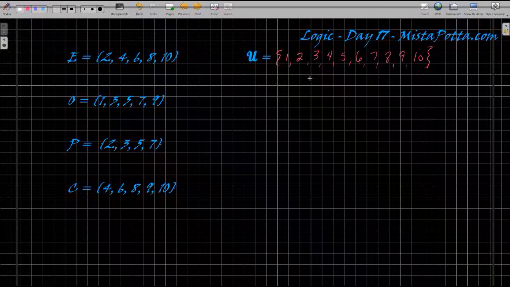This is what I'm searching through. And when I want to say all even numbers, or something is an even number, these are what I'm choosing from. Well, 2 is an even number, 4 is an even number, 6 is an even number, 8 is an even number, 10 is an even number.